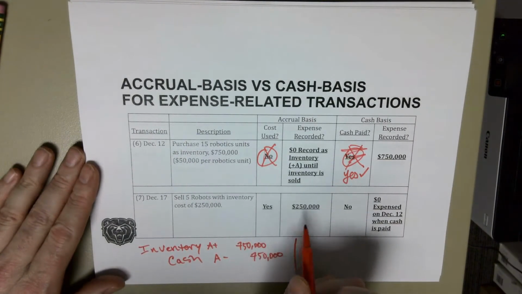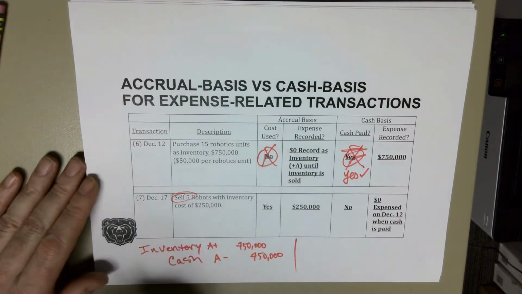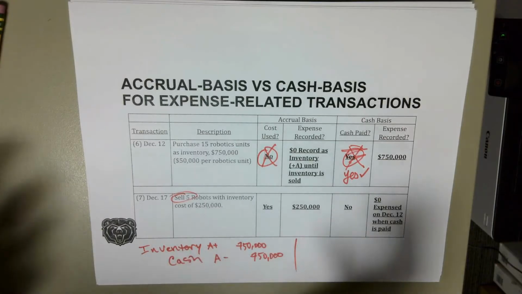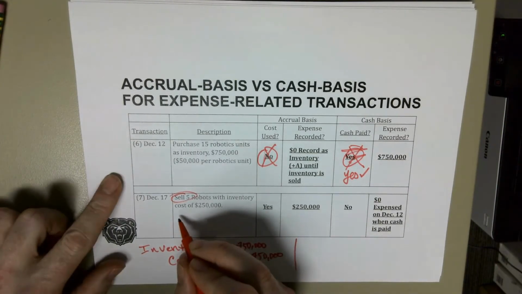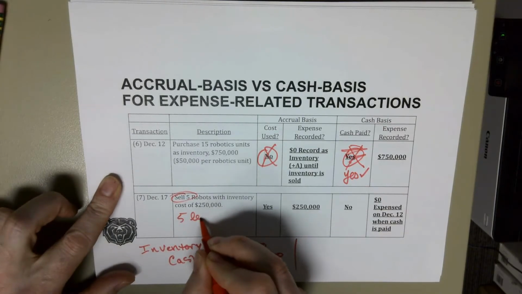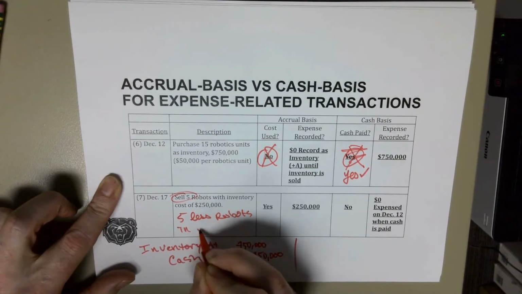So here we go. We're going to look at this. We sold 5 robots again, so that was important for the rev rec, right? We sold it, so we've met our end of the bargain. Okay, but what this tells us here is we have 5 less robots in inventory, right?